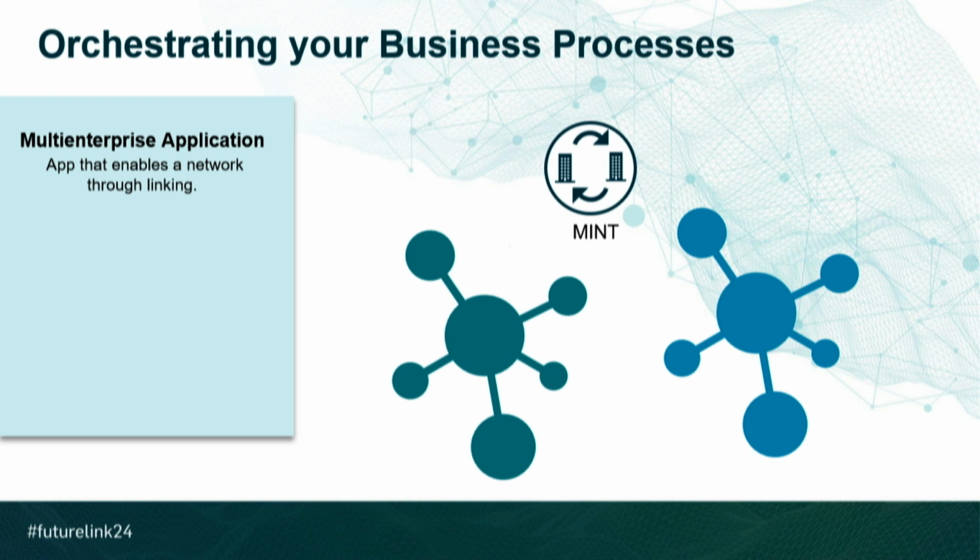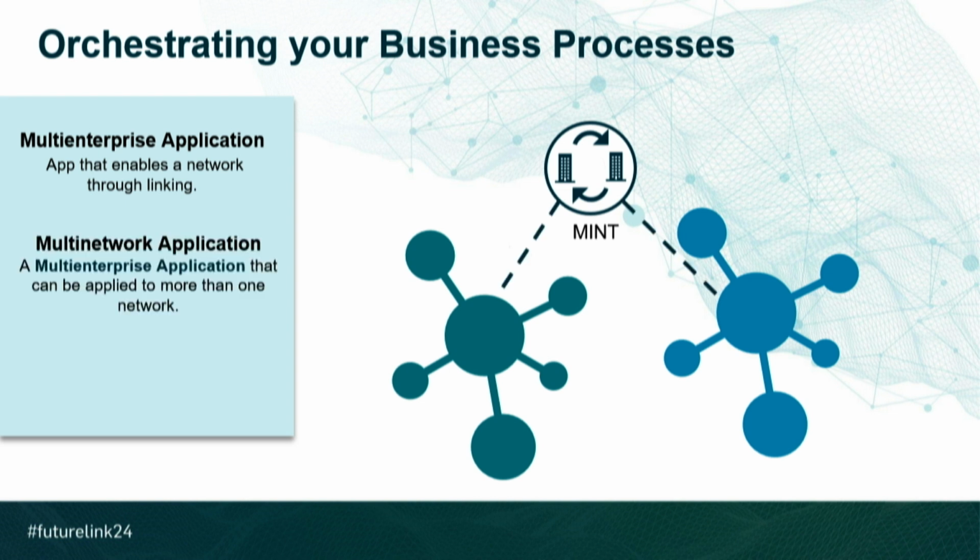So we did hear about the multi-enterprise application, and a multi-enterprise application enables the network through linking to your partners. And Mint is an example of a multi-enterprise application. It's also considered a multi-network application, which is a multi-enterprise application that can be applied to multiple process networks.